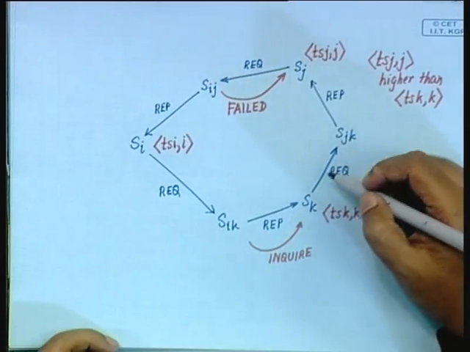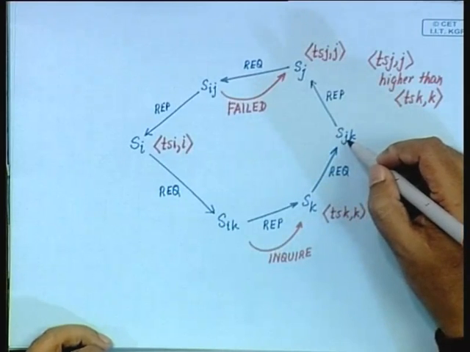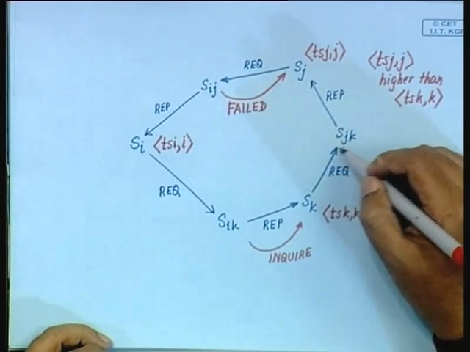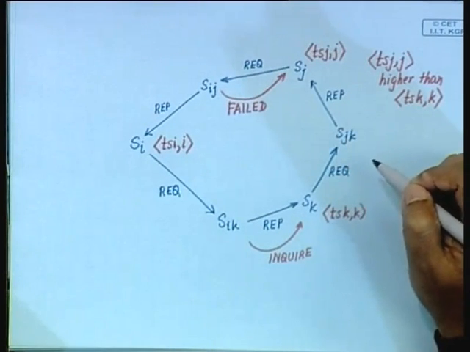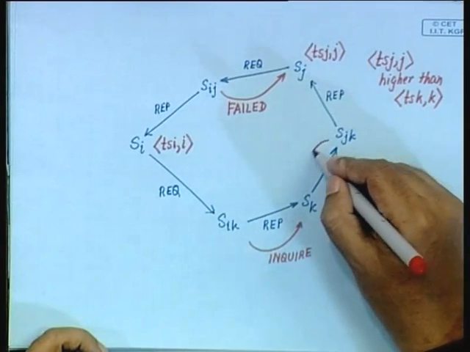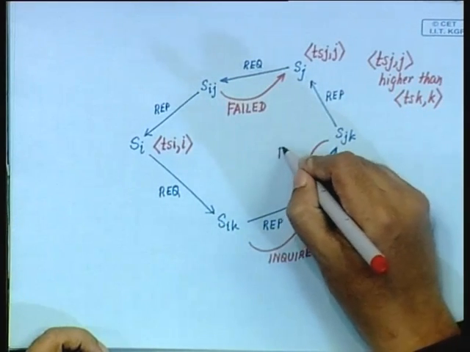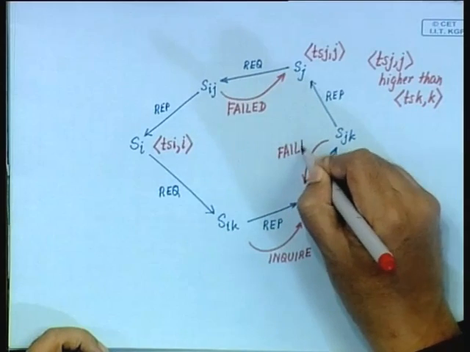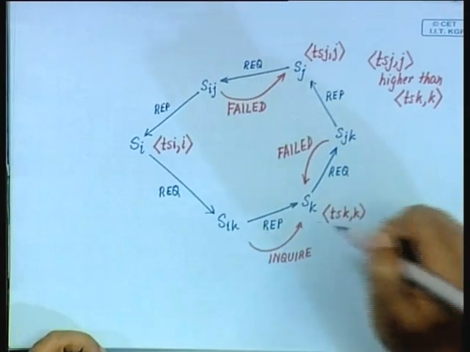Now, when this request blocks, what will Sjk do? It will send a failed message here, right, failed.